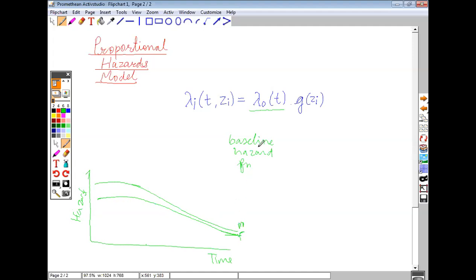Lambda 0 of t changes with respect to t, so the shape, where it rises and then decreases, is because of the baseline hazard function. Due to g of zi, the difference between the hazard rate for male and female is observed here. So this is always some proportion, and this proportion always remains constant. But now you might question that the gap here is.